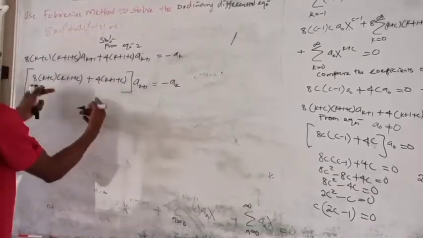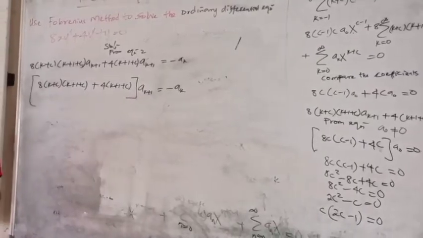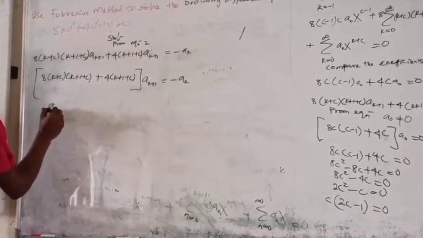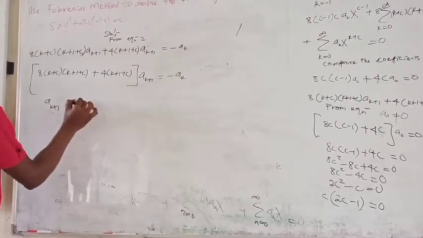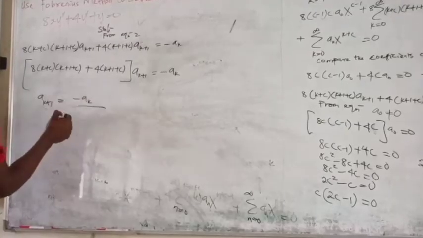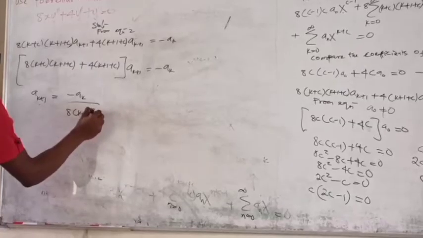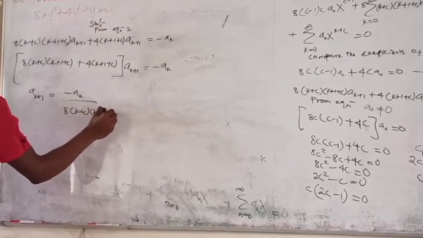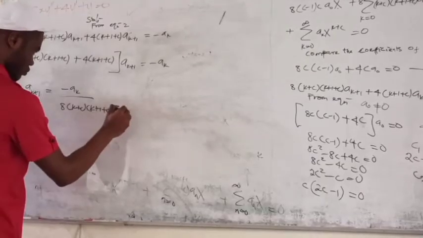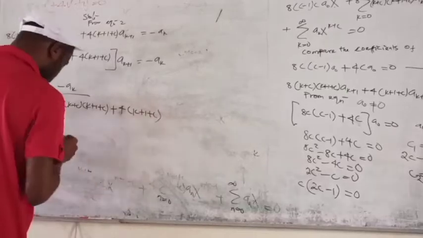From here I can divide by the coefficient of a subscript k + 1. So by dividing by the coefficient, I have a_{k+1} = -a_k divided by [8(k + c)(k + 1 + c) + 4(k + 1 + c)].